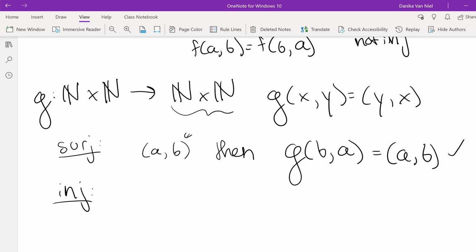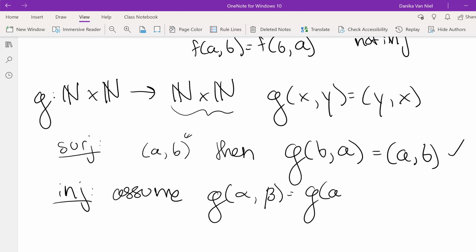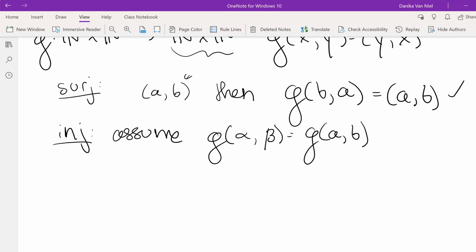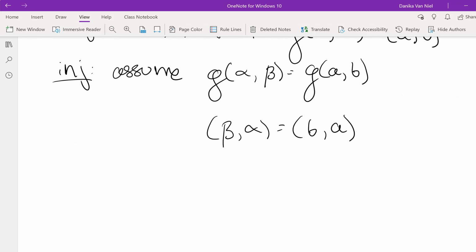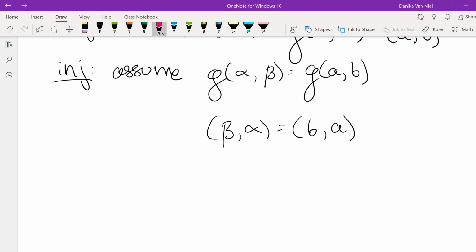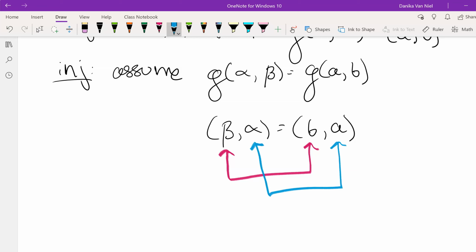How about injective? Well, assume g of (alpha, beta) equals g of (a, b). Then (beta, alpha) equals (b, a). For these to be equal, these two things have to be equal, and these two things have to be equal.